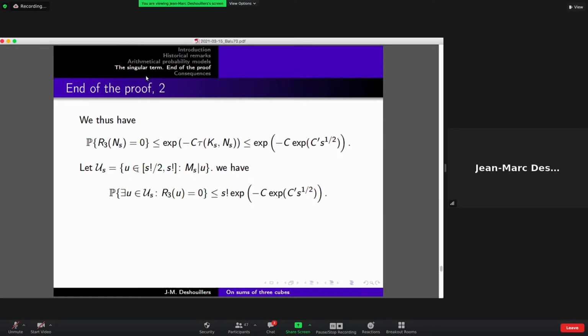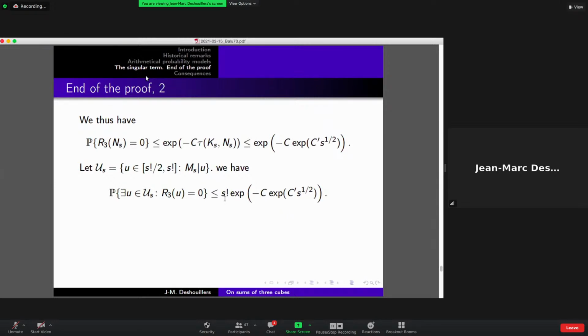So now if you take all the elements u in s factorial over 2s factorial such that ms divides u, then even the probability that one of these terms is not a sum of 3 cubes is less than, well, stupidly, the number of terms is at most s factorial, so this probability will be s factorial times exponential of minus c exponential of c prime s to the 1/2.